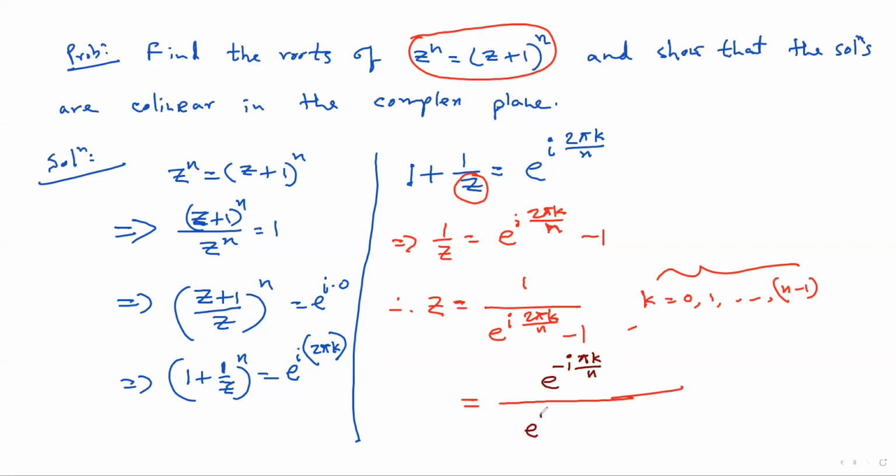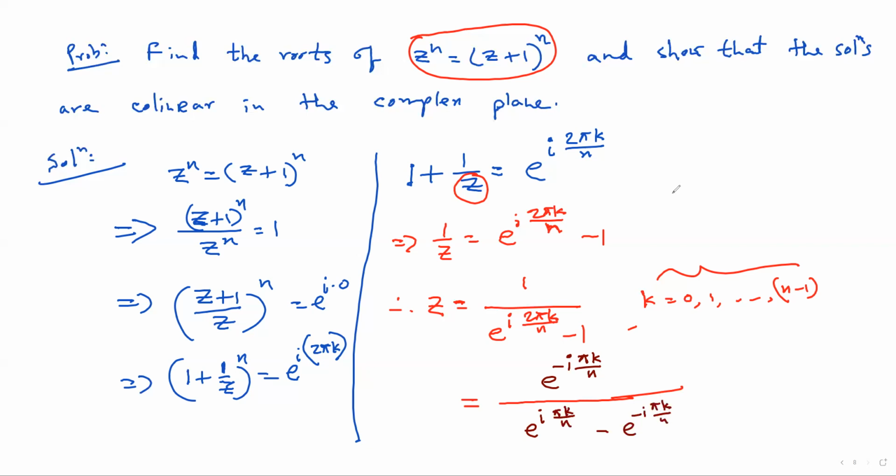So eventually after multiplication, we have minus I pi k by n, and initially we had 2 pi k by n. So the 2 vanishes to give us e to the power I pi k by n minus e to the power minus I pi k by n.